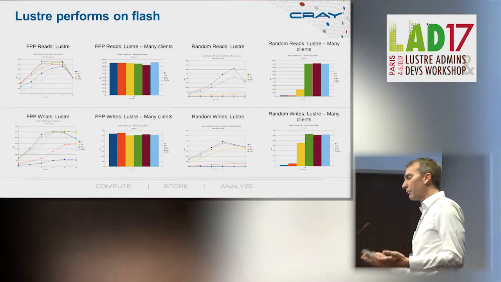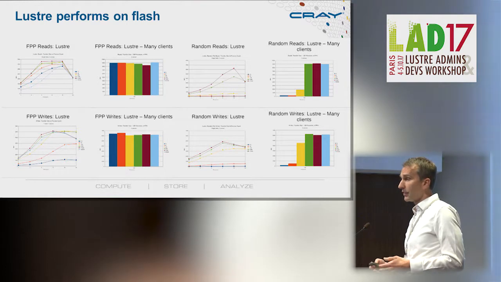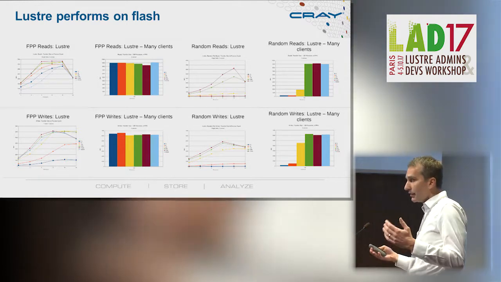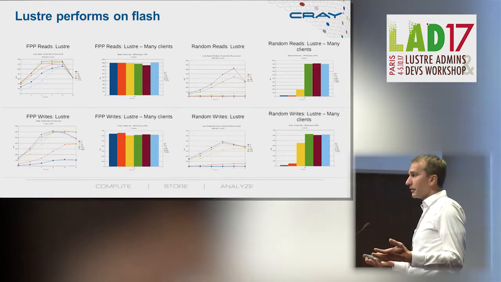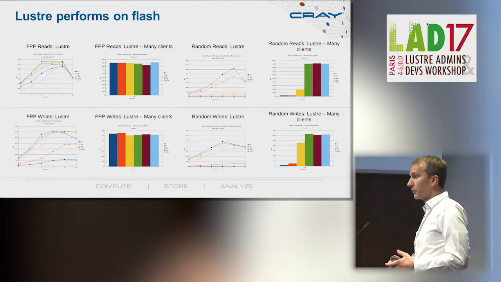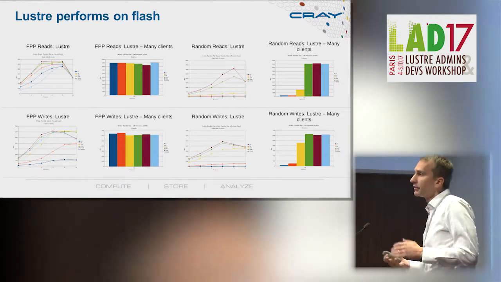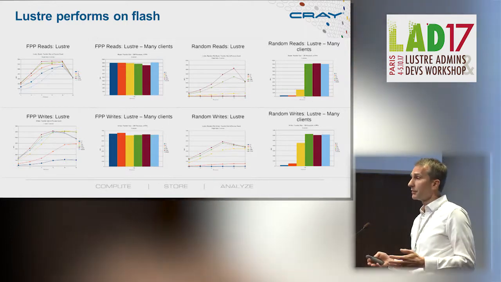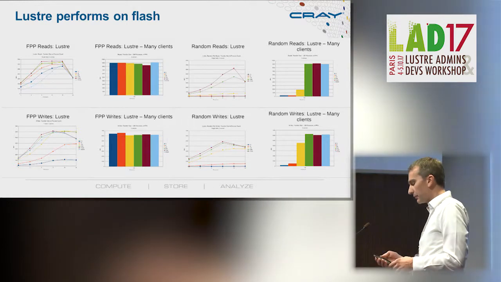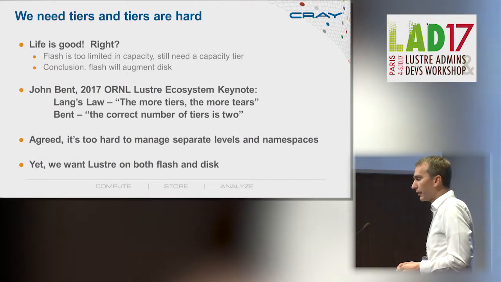Just to make a point here that we've been looking at the performance of Lustre on Flash, and in particular, it's doing better than we thought it could do, right? In terms of small I/O, we've tried to analyze the client-side stack in particular, and see where the time is going, and we've been able to make some optimizations building on work of others. And again, Patrick will be talking about that shortly.